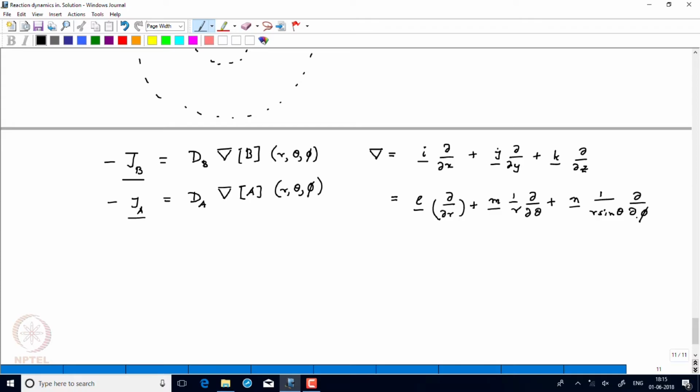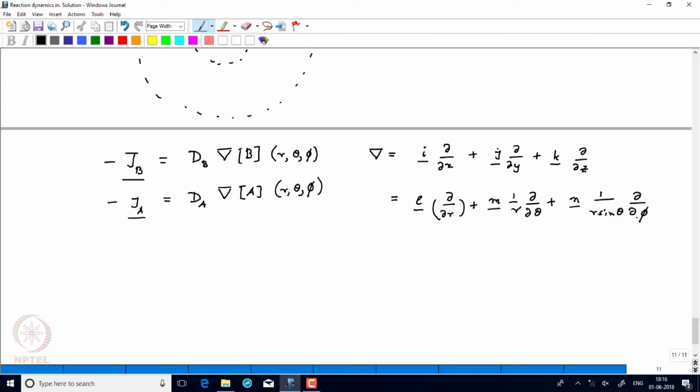Now, this transformation you have probably seen: you write x, y, z in terms of r, theta, phi or r, theta, phi in terms of x, y, z, and then take the partial derivatives, and then you can get this gradient in spherical polar coordinates. You have probably seen this when you did some problem in spherical polar coordinates, for example, the hydrogen atom problem. There they also use the del squared, which we also need subsequently.